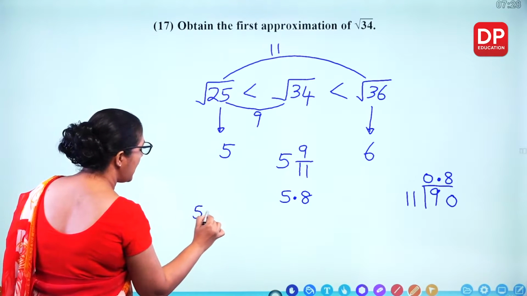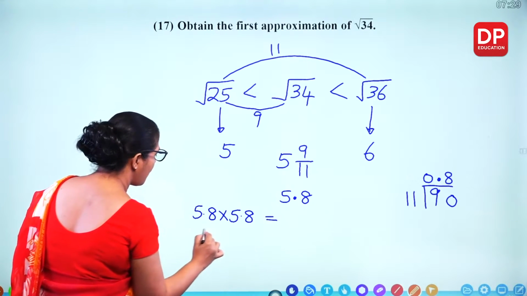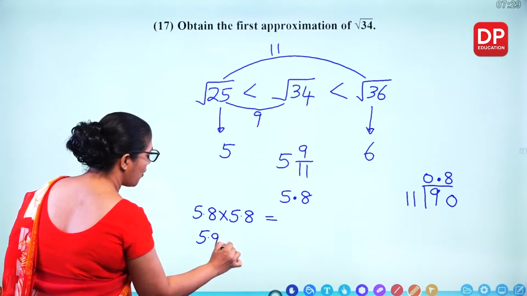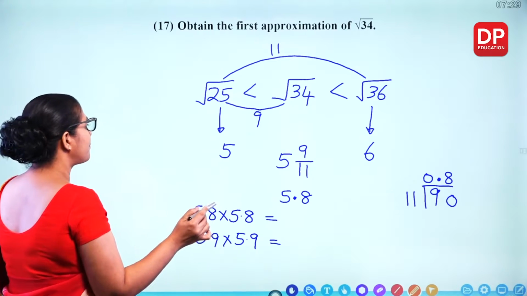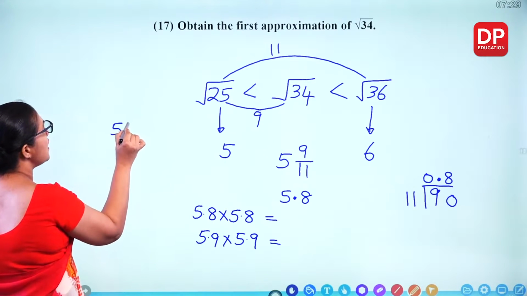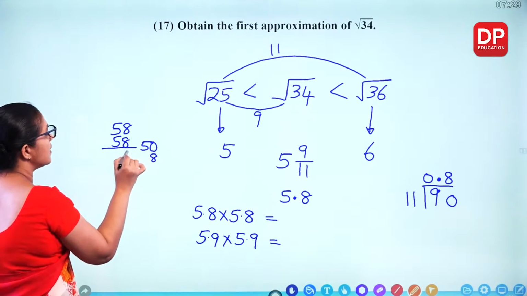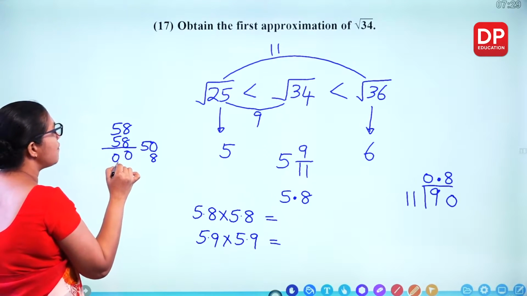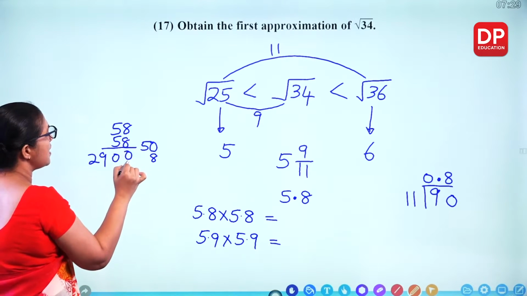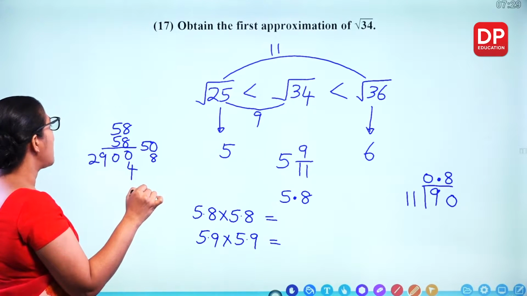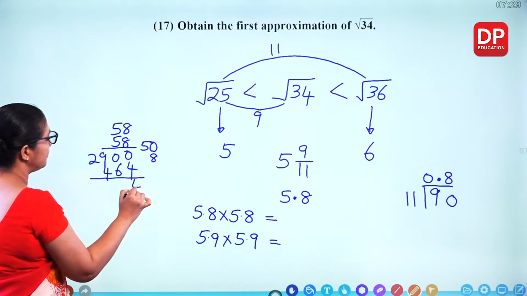So 5.8 times 5.8, and we'll check 5.9 times 5.9 and see which one is the closest. So 58 times 58. 8 times 8 is 64, 8 times 5 is 40 and 6 is 46.